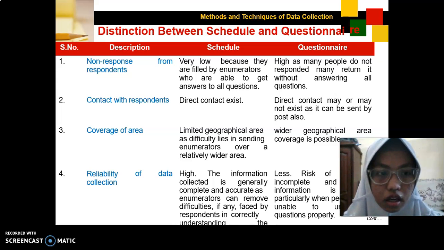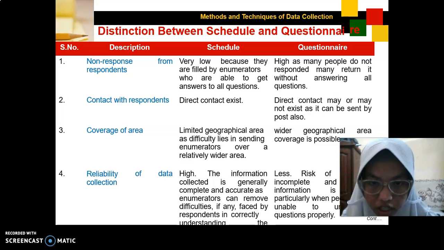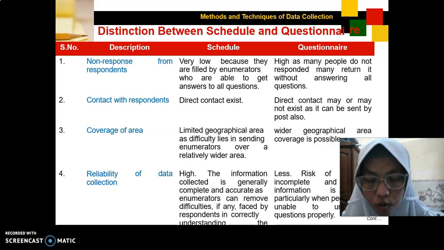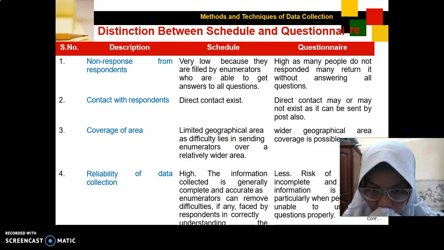Now the differences. First, non-response from respondents. For the schedule, it is very low because they are filled in by enumerators who are able to get answers to all questions.